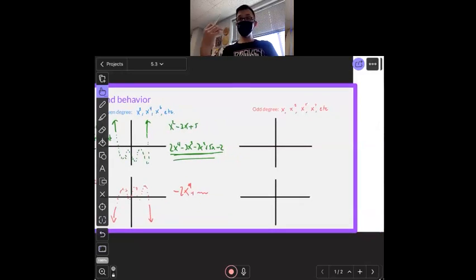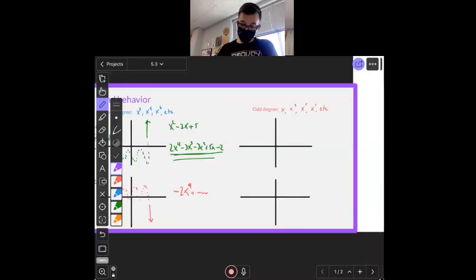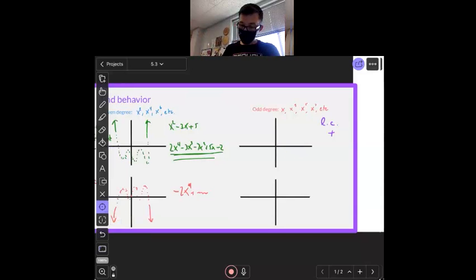Well, if even is the same, odd would have to be different, right? Well, if I'm odd and positive, positive is kind of the normal way for things to act, right? As we move to the right, that's positive.